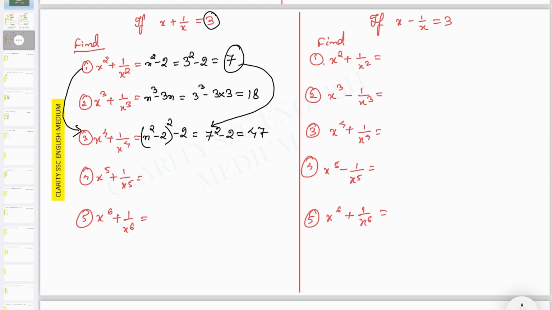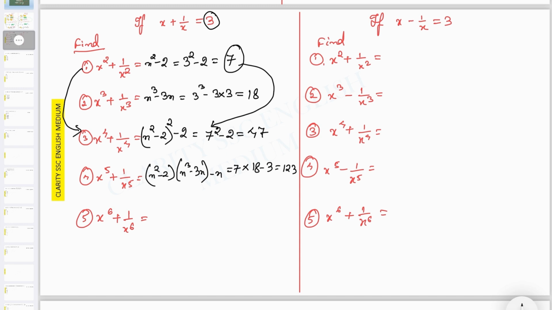I already told you that by seeing the questions, you can easily see it. Again, let me write it: x to the power 5 plus 1 by x to the power 5, the product of the square and the cube. N square minus 2, n cube minus 3n, minus n. That means 7 into 18 minus 3. It's 126 minus 3. Obviously, 123 is the correct answer.